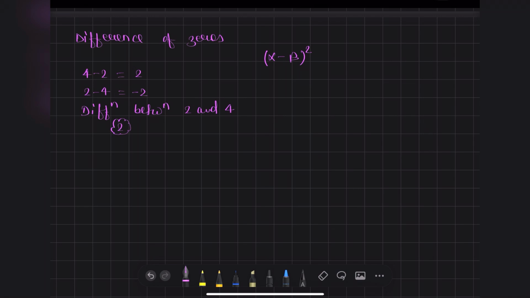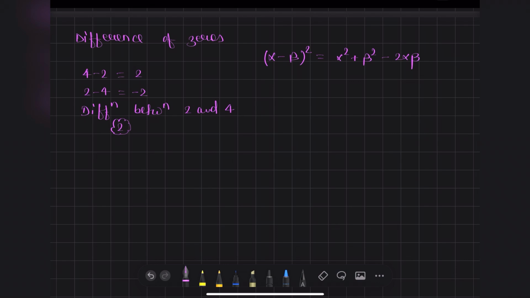So what we did is alpha minus beta whole square. This means 100% we will get a positive thing, and then later we will take the root and we will fix that the root should be positive only. Okay. Now you can write this as alpha square plus beta square minus 2 alpha beta.